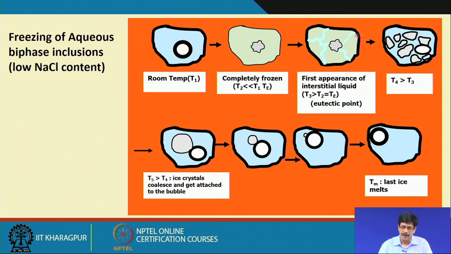In any recording of the microthermometric parameters for these inclusions, the experiment needs to be replicated. For example, suppose the ice has melted at minus 2.0. We need to reproduce it to plus minus 0.1.